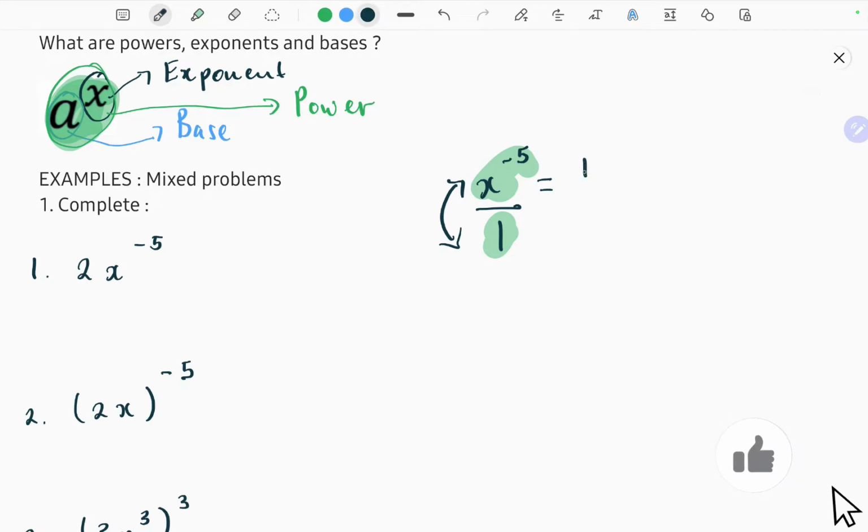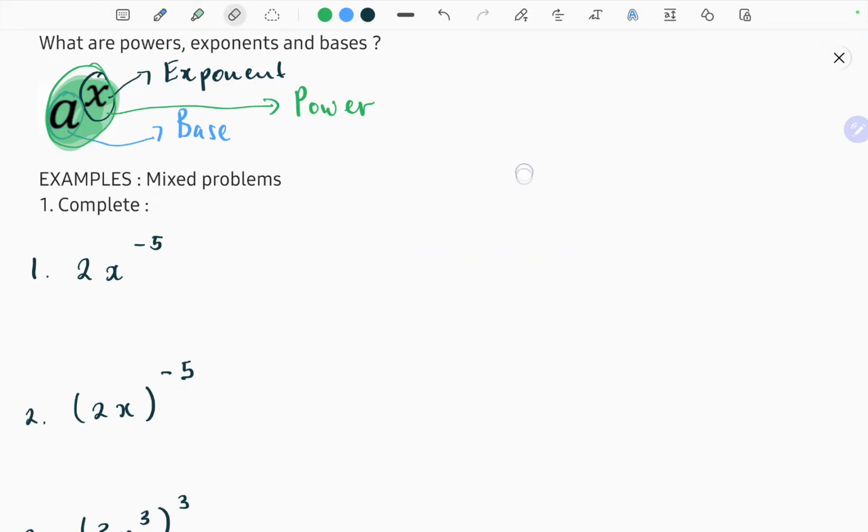So this can be rewritten as 1 over x to the power of 5. So this is a very important law of exponents. Whenever you have a negative exponent, write it as a fraction, like what I did here, and then interchange the numerator and the denominator, and then the exponent will become positive.